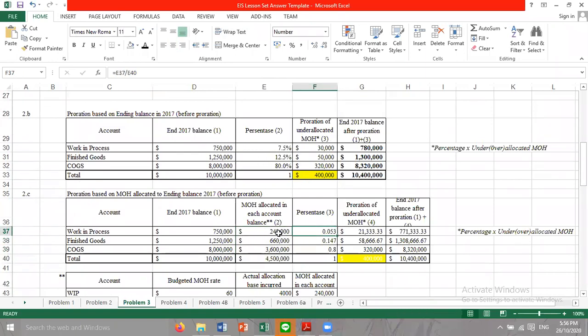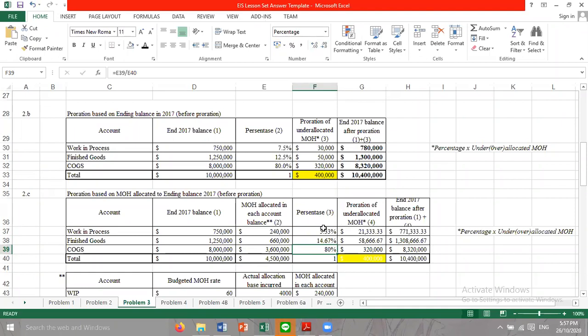We need to find 240,000 divided by 4,500,000 to get the percentage of MOH allocated in work in process. If we turn it into a percentage, we'll get 5.33%. And then 660,000 divided by 4,500,000 gives 14.67%. And for the last one, cost of goods sold, we'll get 80%.